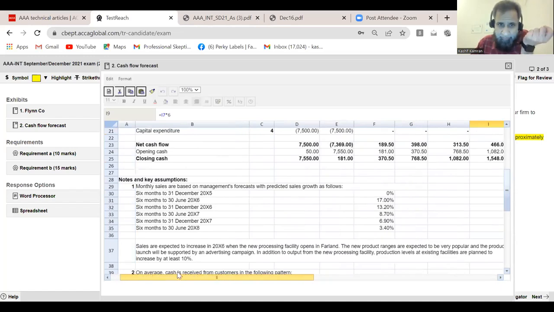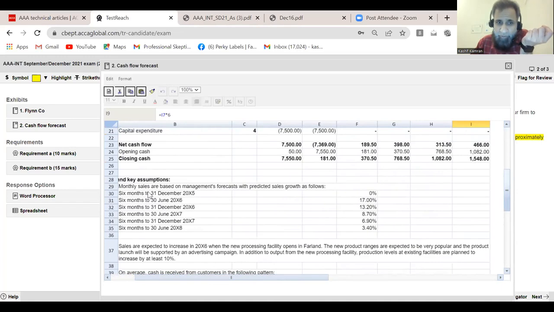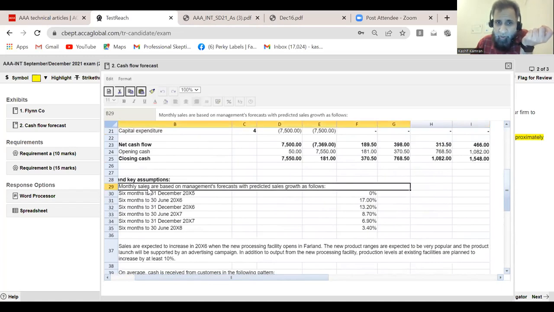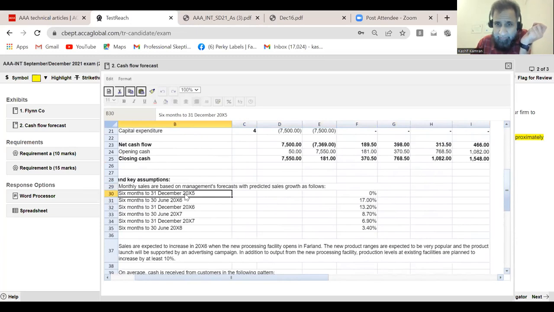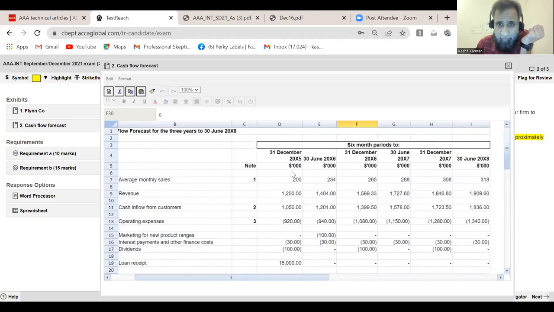Assumptions. Management monthly sales are based on management forecast with predicted sales growth as follows. 6 months to December 20x5, 0%. So management believes there will be no growth in the first 6 months to December 20x5. So this means this December 20x5 sales 200 is similar to the last 6 months, which is not shown to us, right?